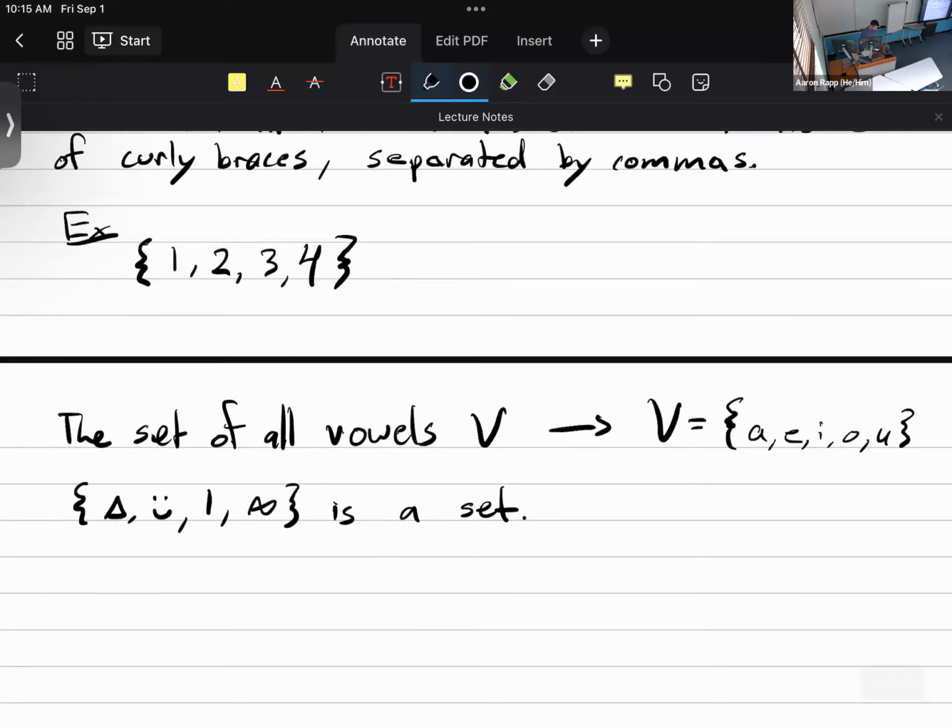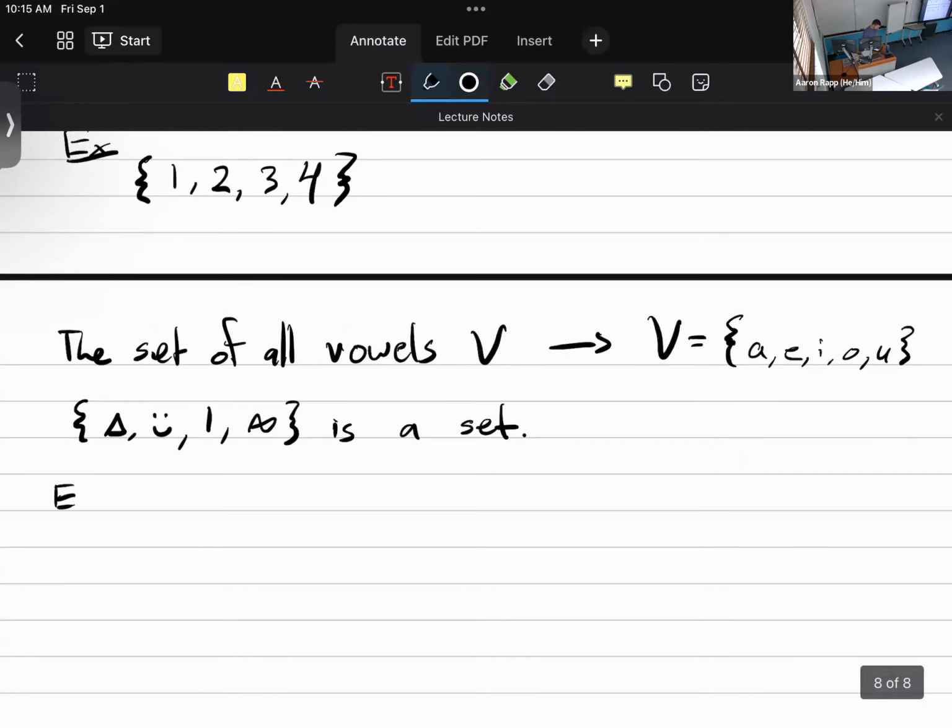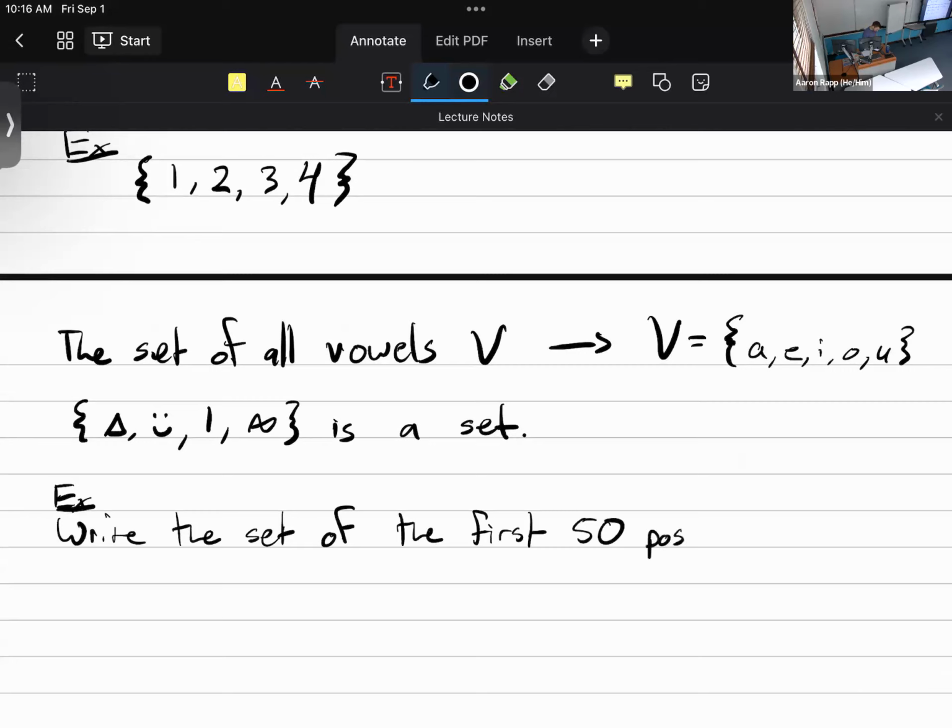So what if we wanted to write the set of the first 50 positive integers? Well, how do we do this?